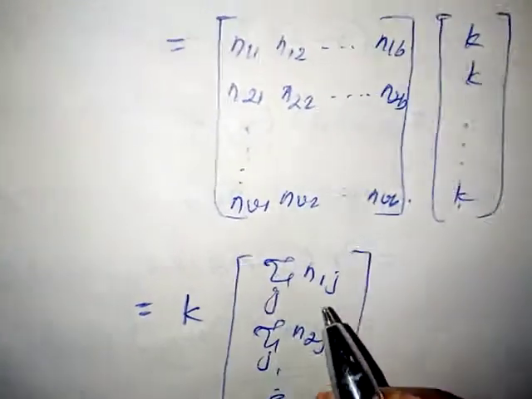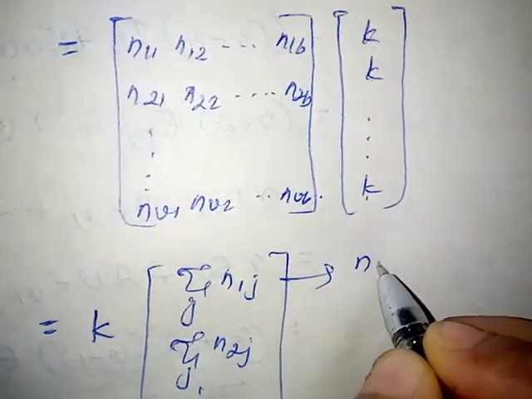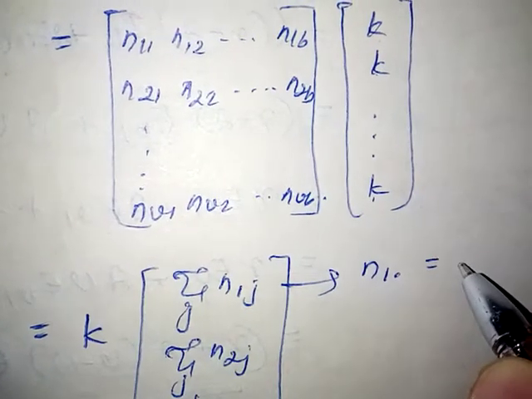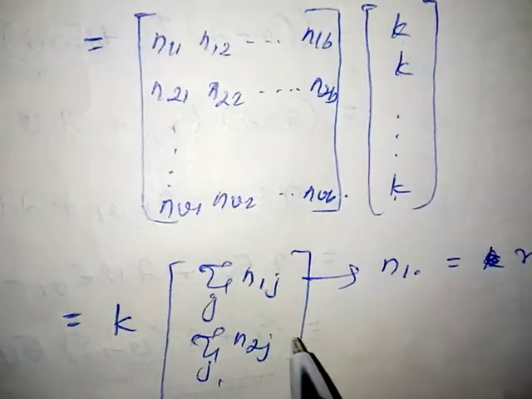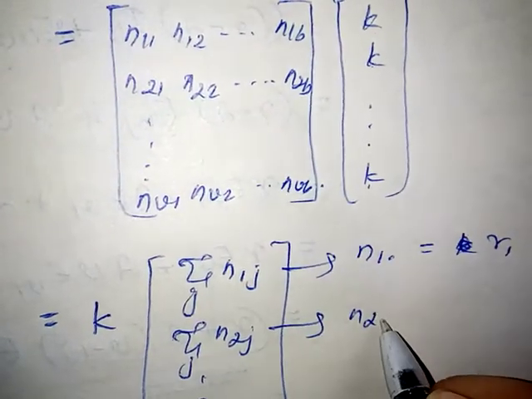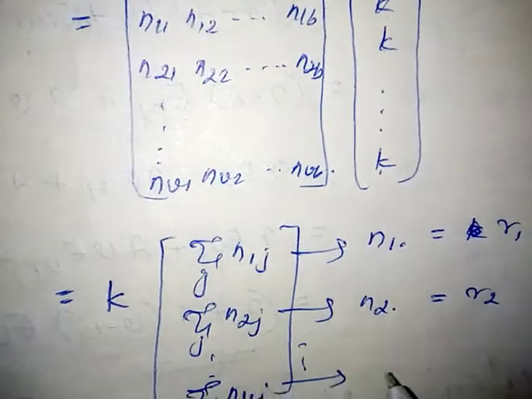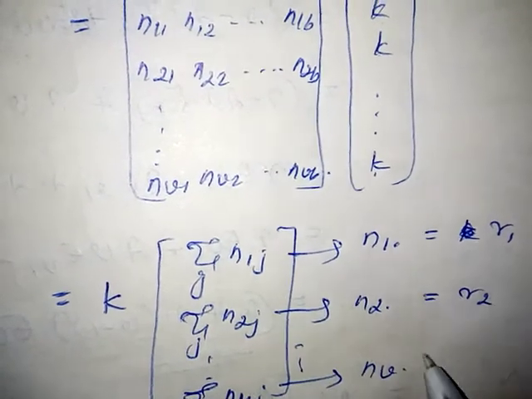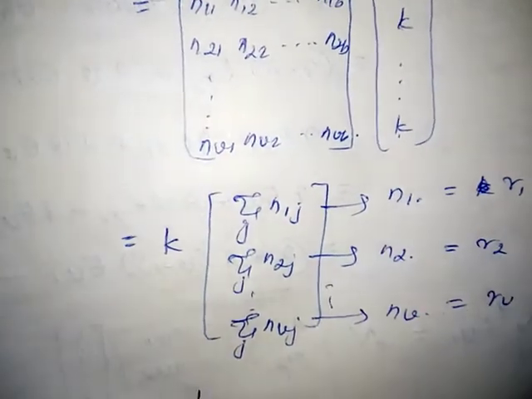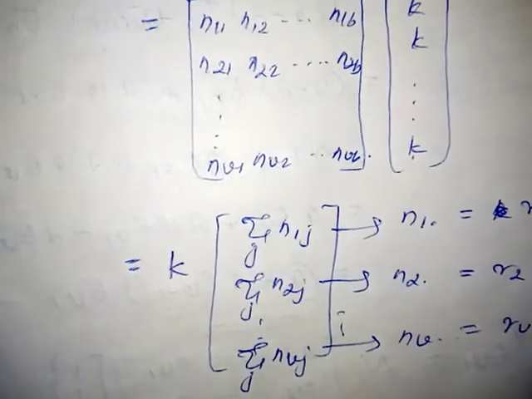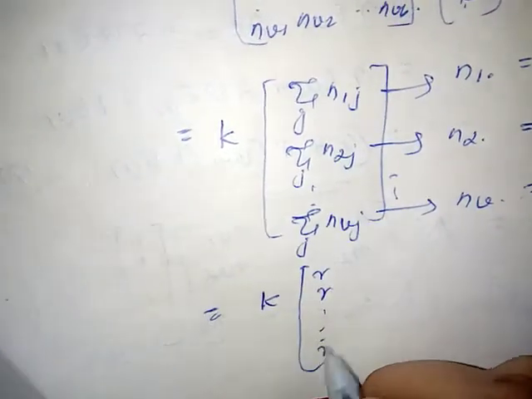What is summation over j of n_1j? It's equal to n 1 dot, that is equal to r1. Here n 2 dot is equal to r2. Similarly, n v dot is equal to rv. You can write it as k into r, and so on, r.